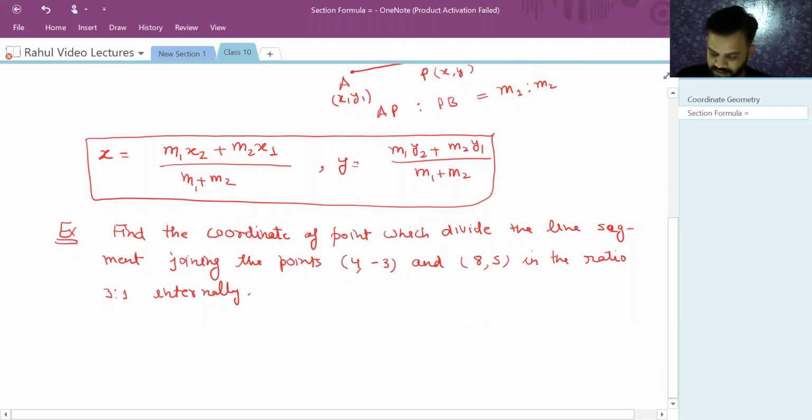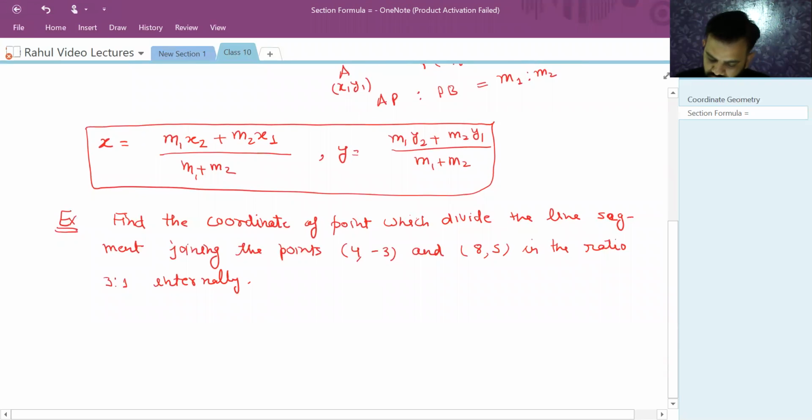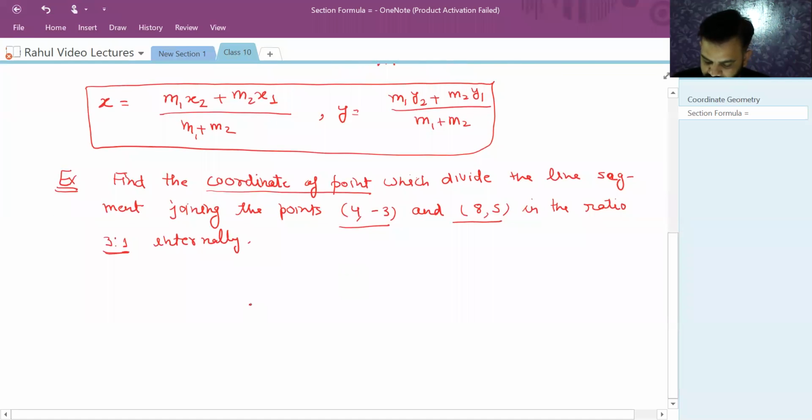तो क्या करेंगे हम इसमें? हमें उस पॉइंट के कोऑर्डिनेट फाइंड आउट करने हैं जो इन दोनों पॉइंट्स से मिली लाइन को 3:1 में डिवाइड करता है. ओके, so we will draw a line. So this is your P point, this is your Q point. So P will be your 4, -3 and Q will be your 8, 5, and there is a point O, suppose x, y, dividing in the ratio of 3:1.